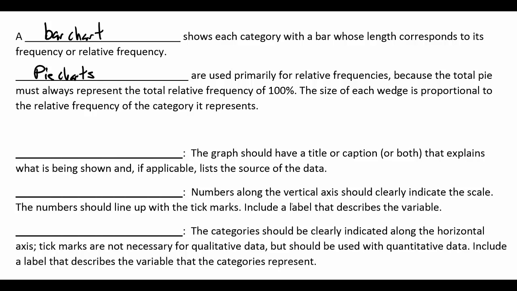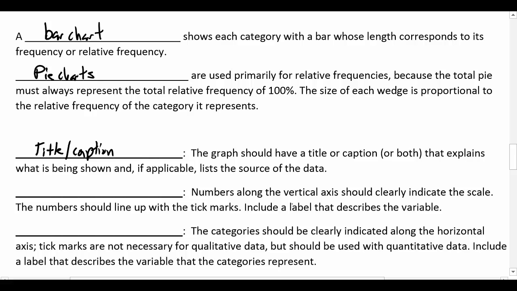Then when we actually look at a chart, we want to consider some important labels. At the top we have what's called the title or the caption, that explains what the graph is about and, if appropriate, lists where they got the source.